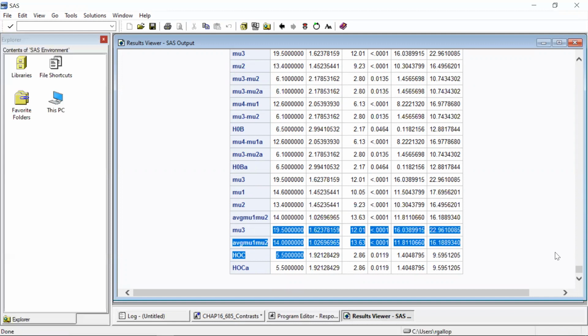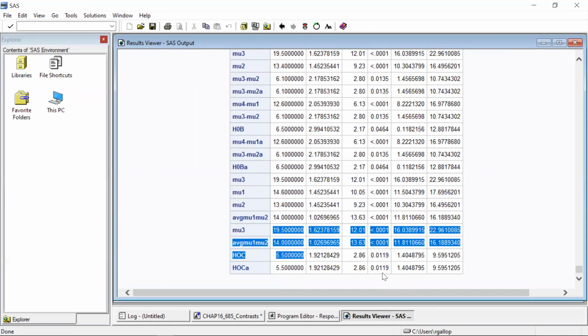So we see that mu3, design 3 compared to the average of the first two, is statistically significantly different, where design 3 has on average 5.5 cases more sold compared to the average of the first two. And that on average difference is statistically significantly different.